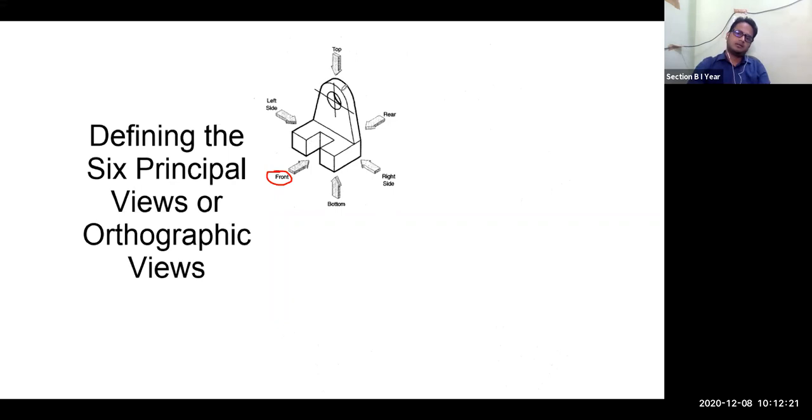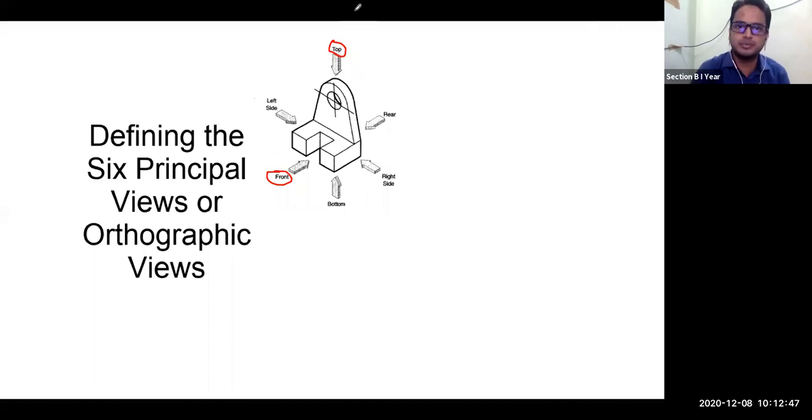This is your top view when the observer looks from the top side. So I just want to see front view and top view. You try to draw the front view and top view of this component in your notebook. Then I will show you how it will look so that you can cross check your answer yourself.